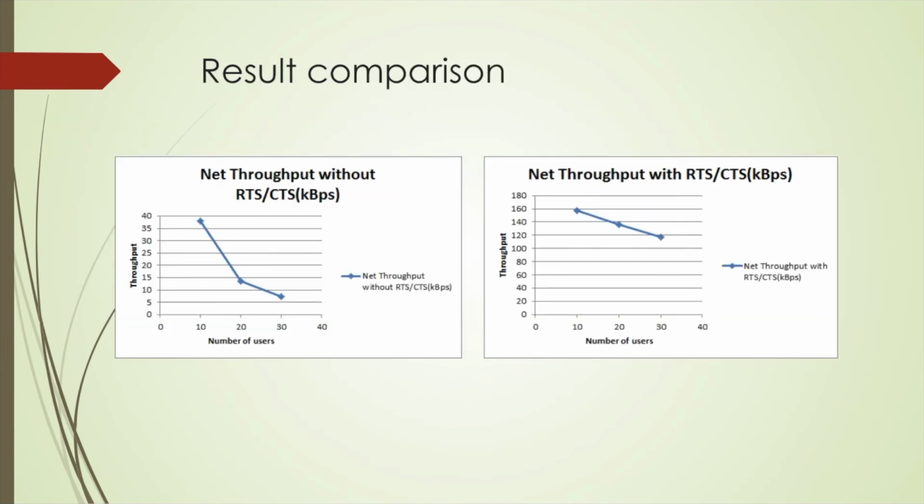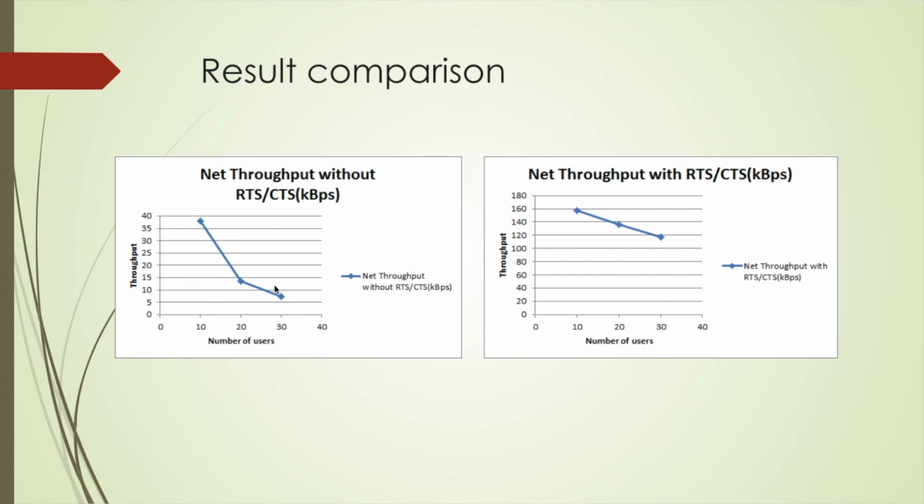Now let's compare the results as we keep increasing the number of nodes. First of all, as you can see, without RTS the throughput is way less than with RTS-CTS. It's like 39 kbps compared to 160 kbps. So this is the first difference we notice.